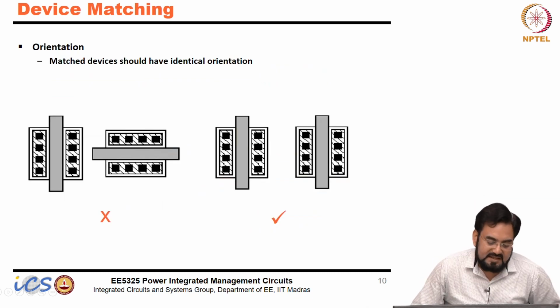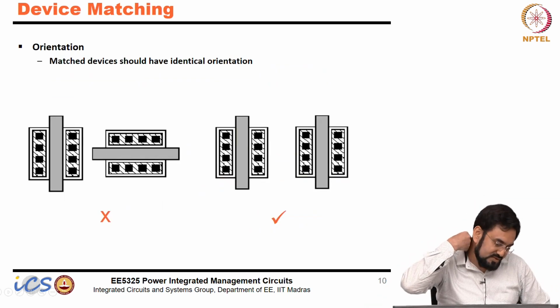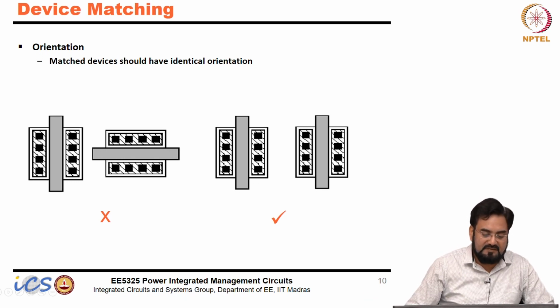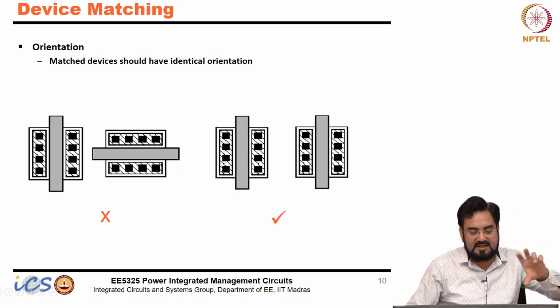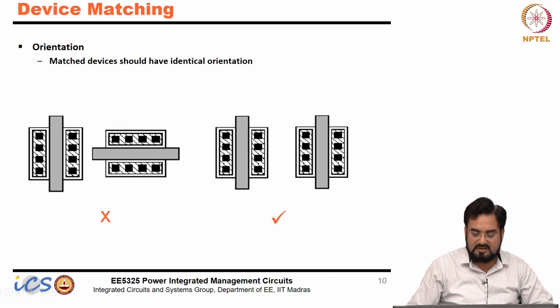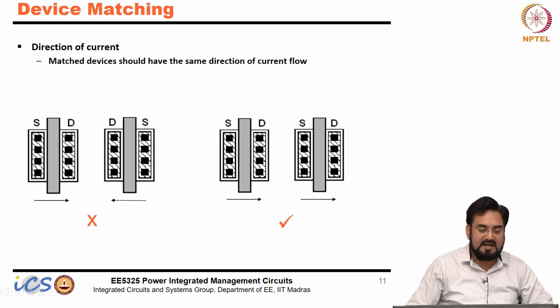Okay, orientation, this is again an important thing. So this causes a current mismatch. So if let's say this device is placed vertically and this is horizontally, 90-degree out of phase, rotated, so this is not the correct way of matching, because they won't be matched perfectly. So you have to make sure your orientation is the same, and then the direction of the current should also be the same.